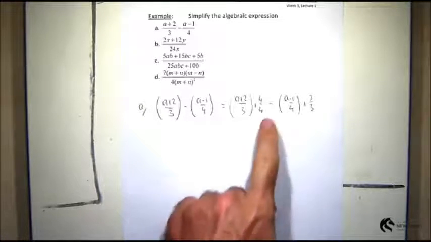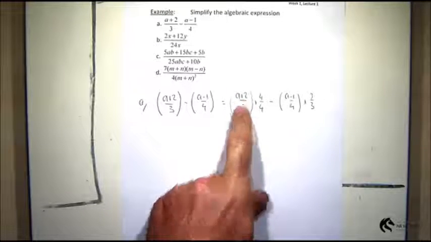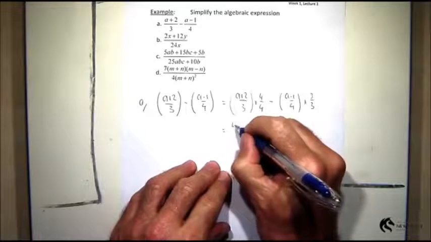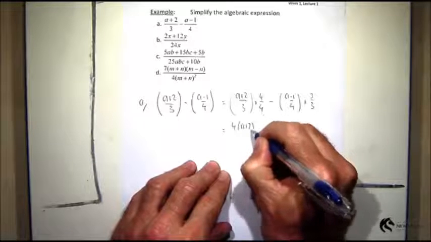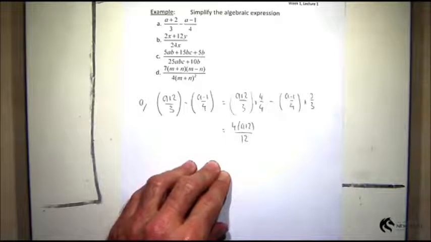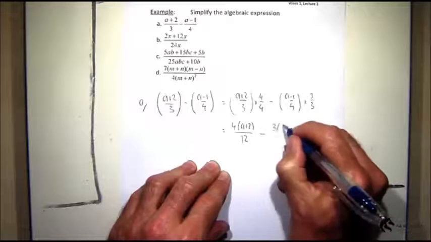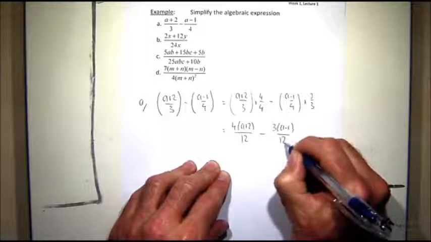When I'm multiplying fractions here, I multiply the numerators. So this becomes 4 lots of A plus 2 on 12 minus 3 lots of A minus 1 on 12.